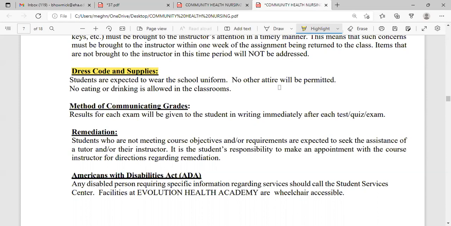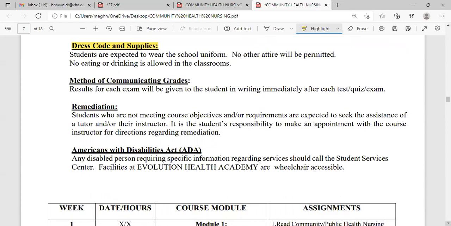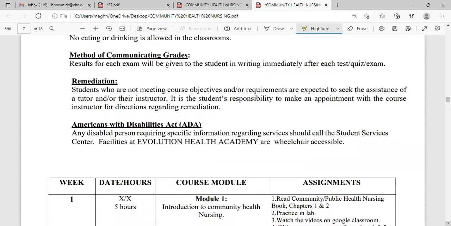Also, no eating or drinking is allowed in the classroom or simulation lab. Method of communicating grades: results for each exam will be given to the student in writing immediately after each test or quiz. So if I fail, I need to recap it or redo it.